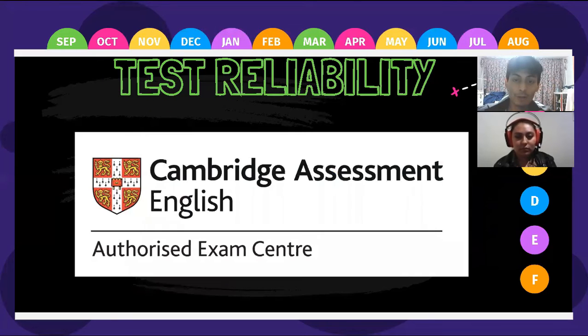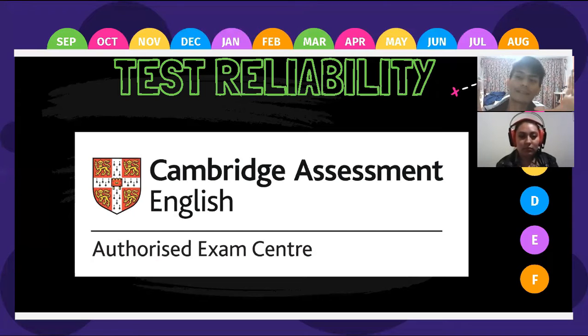Now, let's talk about test reliability. Test reliability is the opposite of rater reliability, because in those cases there will be a standardized grade for every single question. Most of the times, the specialized exam centers, for instance Cambridge, are in charge of evaluating every single performance of the students, because they have their specific rubrics.